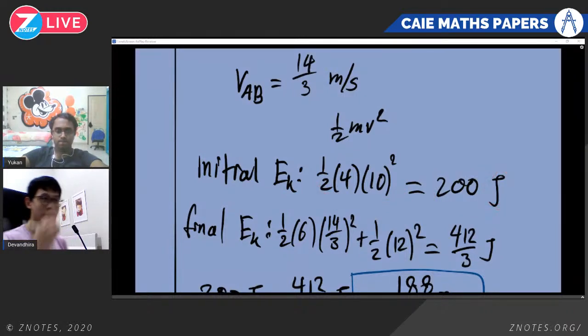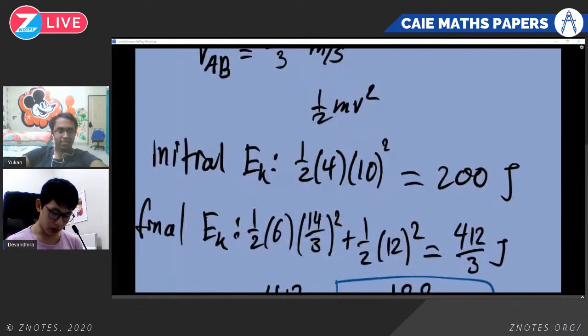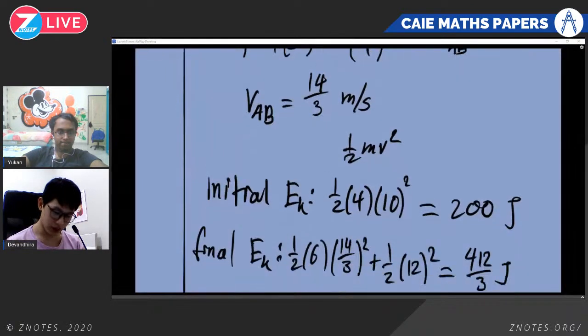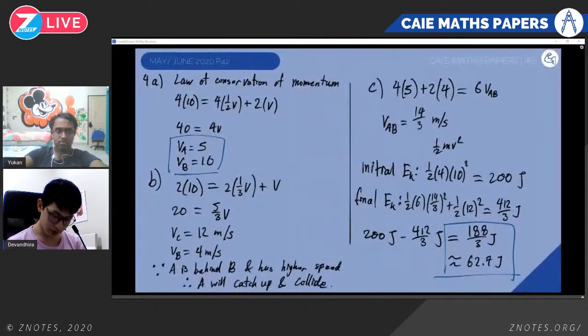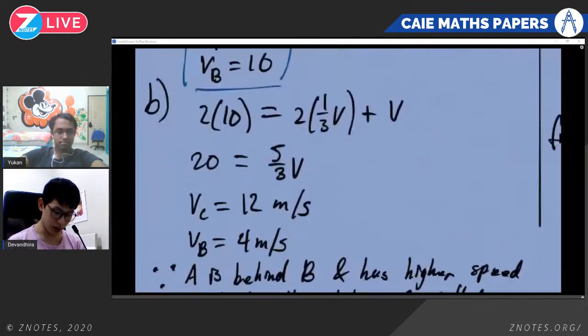Correct? Right. For the final energy, of course, you would have to add this one right here, the A and B together. So it has a mass of 6 and a speed of 14 over 3. So you evaluate that. But also don't forget to add C, the ball C. The ball C is still moving.